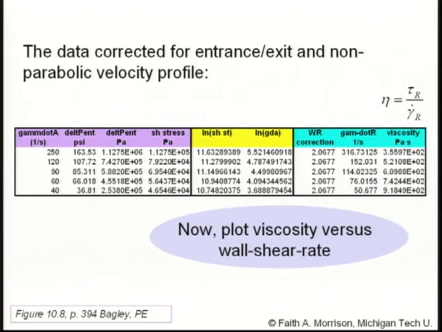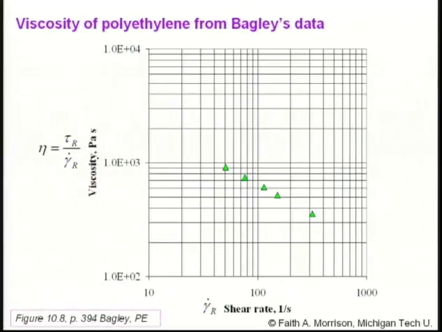So we needed this apparent shear rate and the raw data for delta P to get the shear stress, but then we corrected first for the entrance pressure losses and then for the non-parabolic velocity profile. So in the case of Bagley's data, which is from the literature, this is the final viscosity, wall shear stress divided by wall shear rate, and it's a power law function.